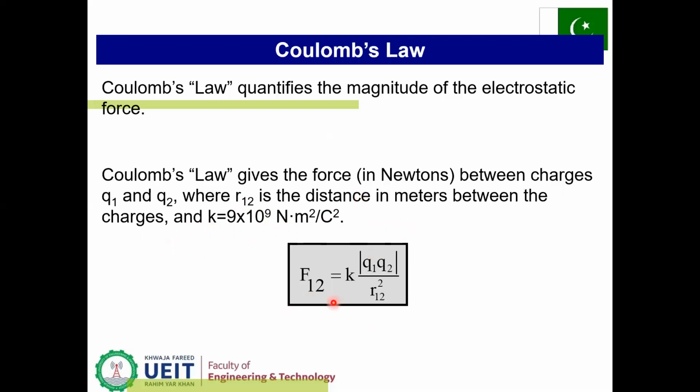According to Coulomb's law, force is directly proportional to the product of the two charges and inversely proportional to the square of the distance between them, R12. K is the constant.